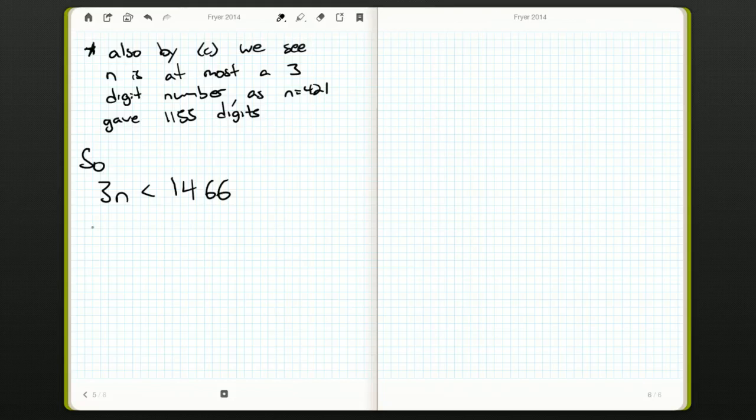Okay. So 1466 divided by 3, n is at most 488 2/3. So n is less than or equal to 488.